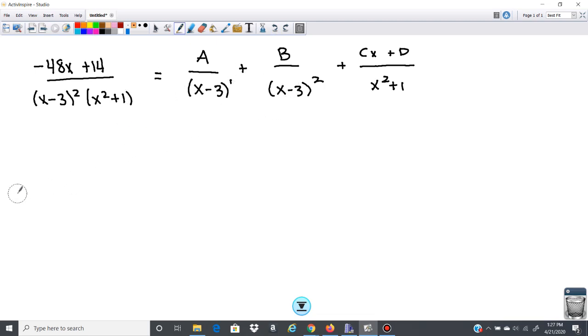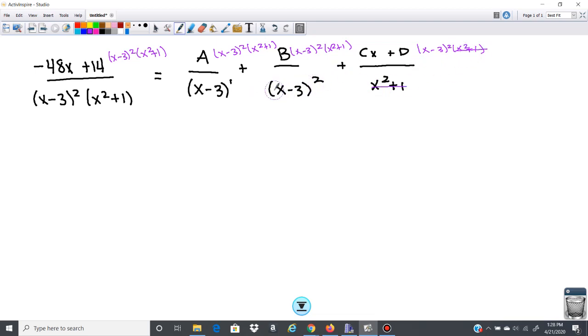Now we need to find A, B, C, and D. So what we're going to do is multiply out the common denominator, meaning I'm going to multiply each term by x minus 3 squared, x squared plus 1. So each term will get this. Let me just take a second to write this here. Okay, which means in this equation, the x squared plus 1 cancels.